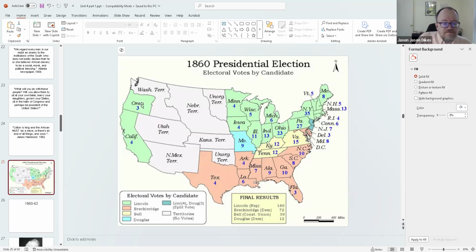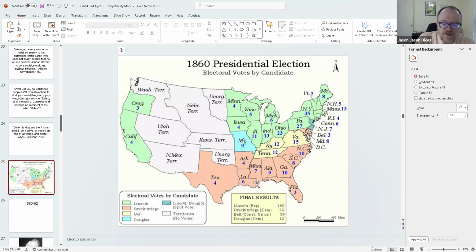But Lincoln does take enough of the electoral votes to capture 180 electoral votes, which does give him the presidency. That is more than a majority. Even if the Democrats had managed to throw themselves behind one candidate, they still would have only gotten 123 electoral votes.